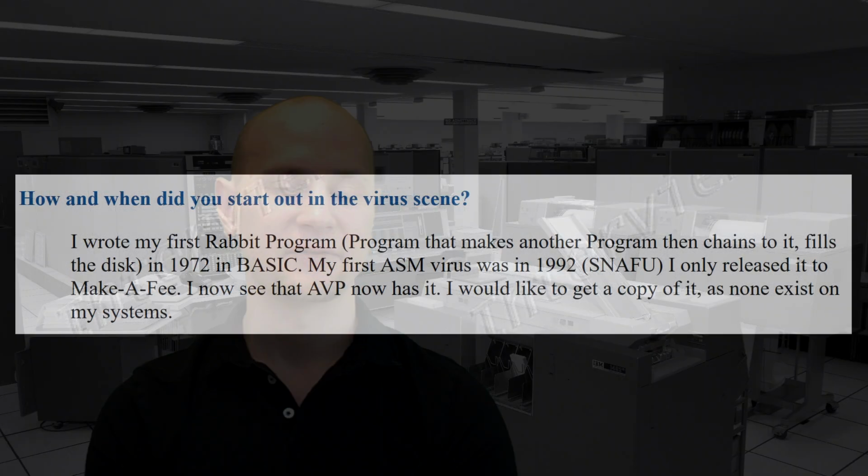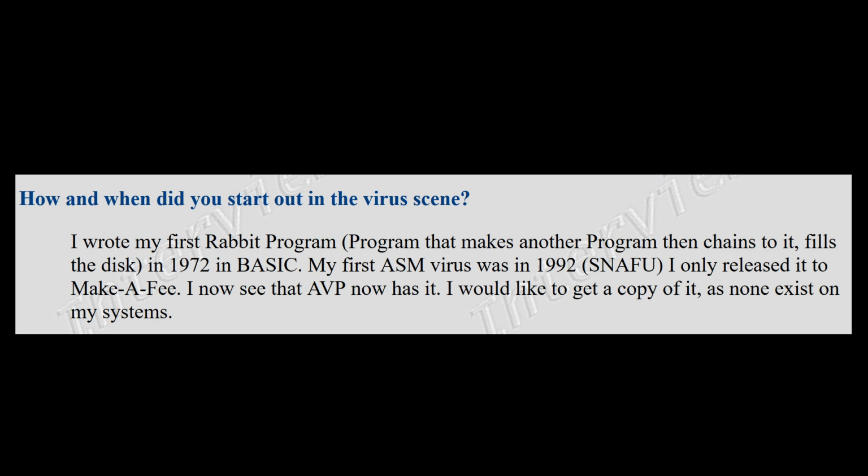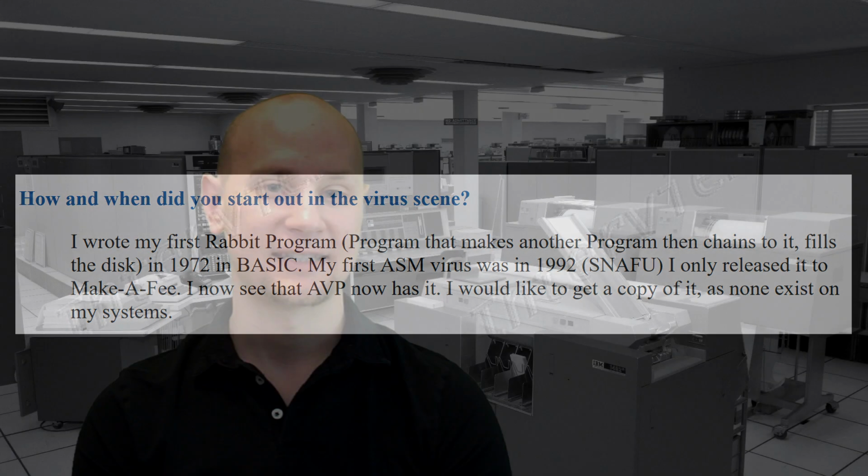The author was Q the Misanthrope, a person who later became one of the early virus authors, and in an interview he mentions that in 1972 he wrote his first fork bomb or rabbit in BASIC. What's interesting is that at that time he was only in 7th grade.